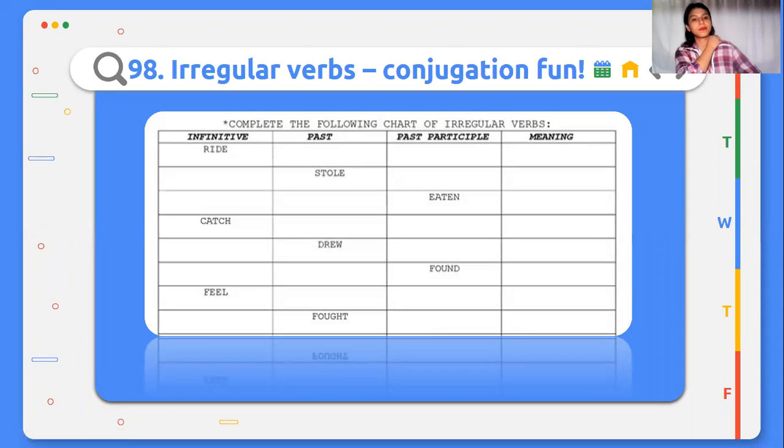And the last, number 98, irregular verbs conjugation font. Here there is a chart that the teacher has to give to the student, and they have to complete this chart.